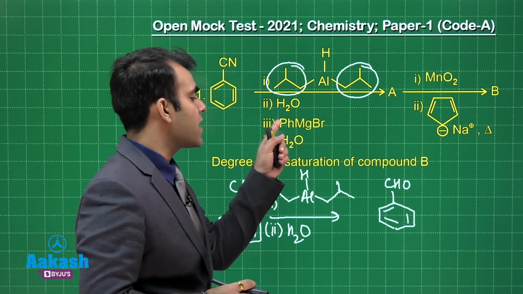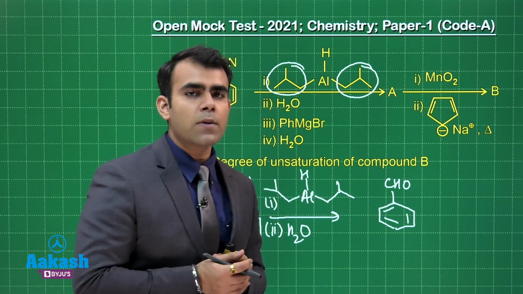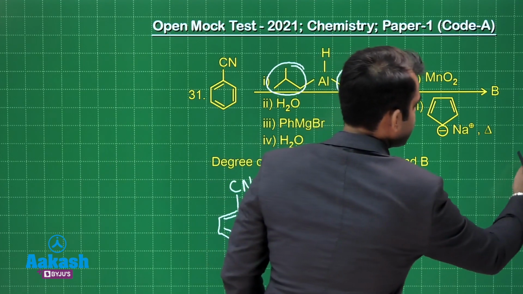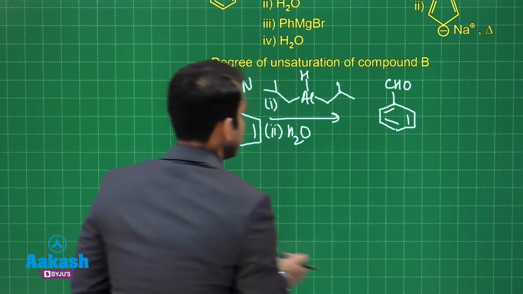This is basically Grignard reagent, and Grignard on seeing the carbonyl group will get excited and attacks on this carbonyl.